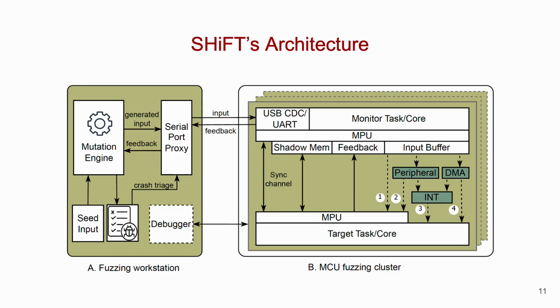One is the monitor task, which interacts with the second instrumented target task. The monitor task injects the input to the target tasks, implements the mode of execution, as well as performs fault handling duties. Finally, the coverage feedback, as well as any detected anomalies, are forwarded by the monitor task to the serial proxy for further analysis. The workstation takes this feedback and generates the next input, and the process repeats itself.